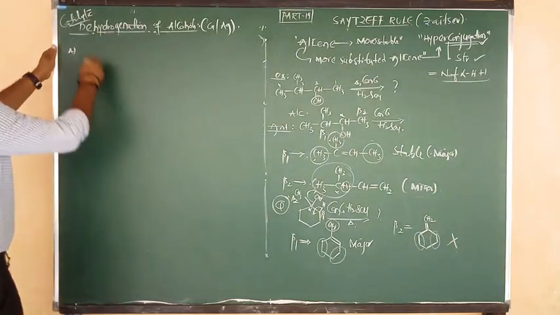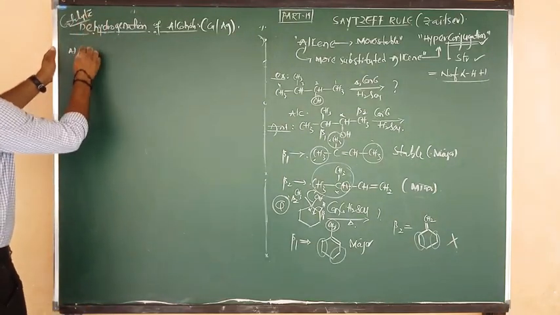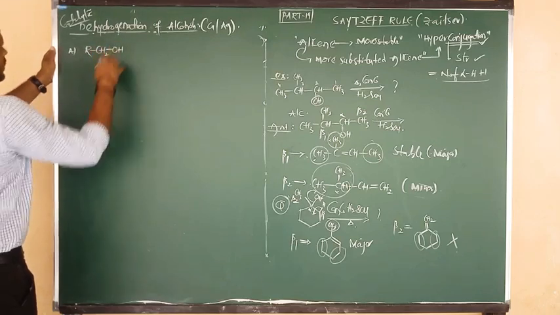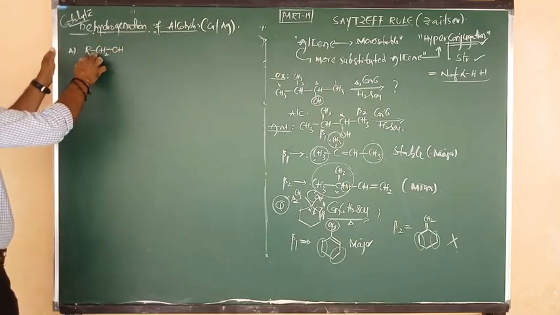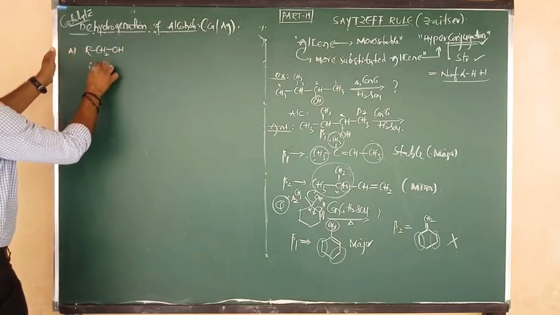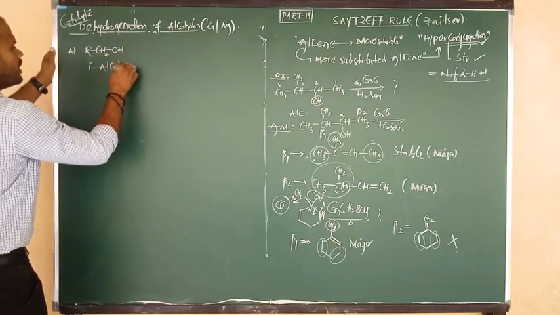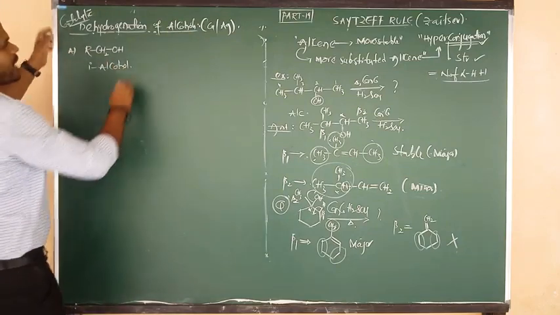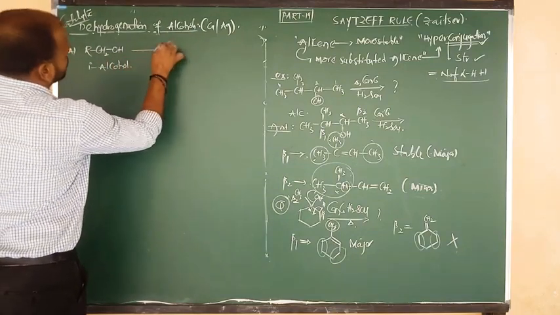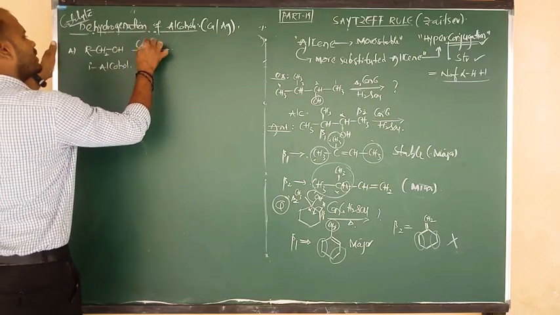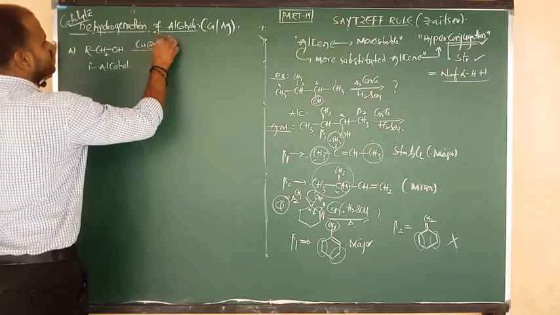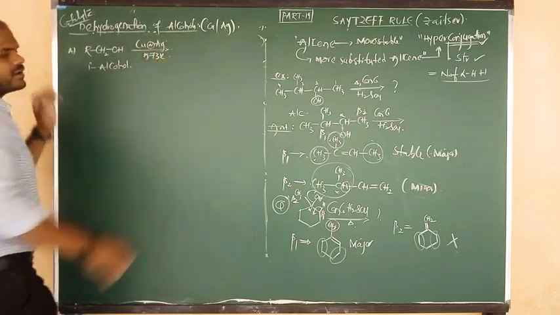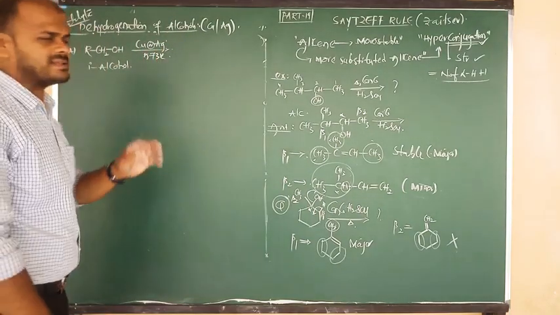Condition 1, primary alcohol. First suppose the formula is RCH2, CH2 bonded to OH. OH is connected to carbon, and the carbon is connected to another alkyl group. This is nothing but a primary alcohol. Which alcohol, beta? Primary alcohol. Now that primary alcohol undergoes heating with copper, or we can also pass it over silver, where the temperature is 573 Kelvin, or we can say 300 degree Celsius.